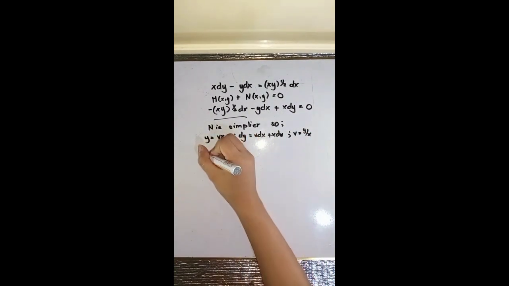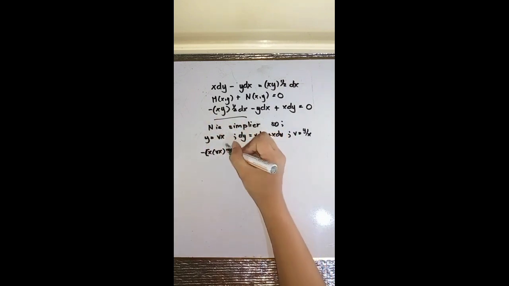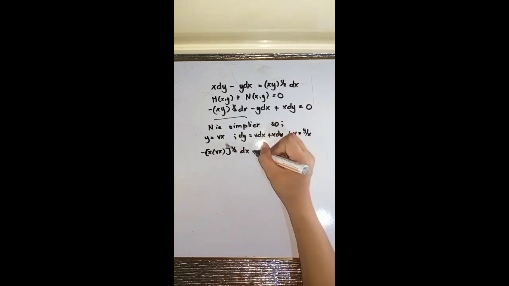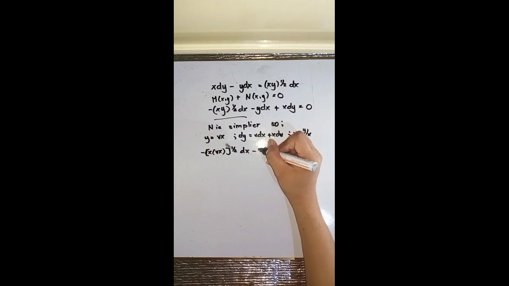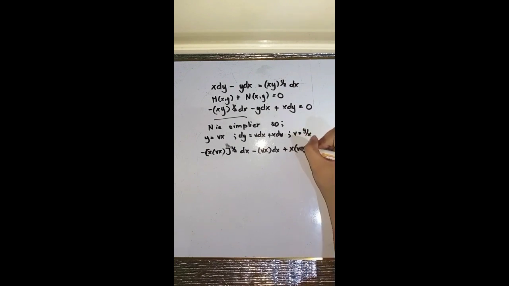And now that we've set the standard on how we're going to solve this homogeneous equation, we can now proceed with our solution. So negative xy will be transformed into negative x multiplied by (vx)^(1/2) dx minus vx dx plus x multiplied by v dx plus x dv equals 0.